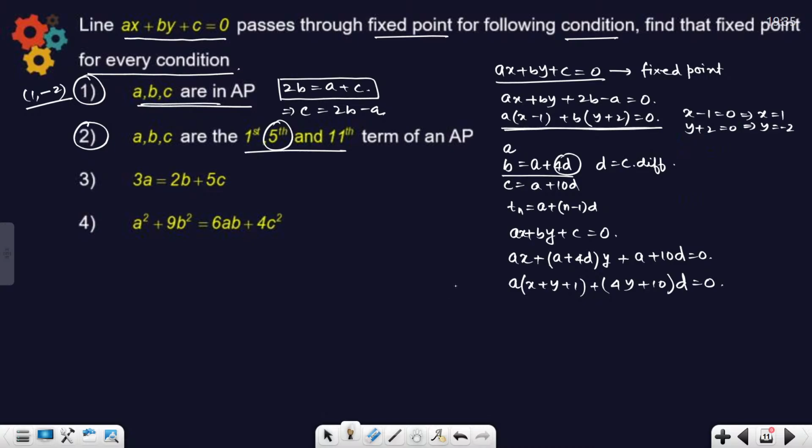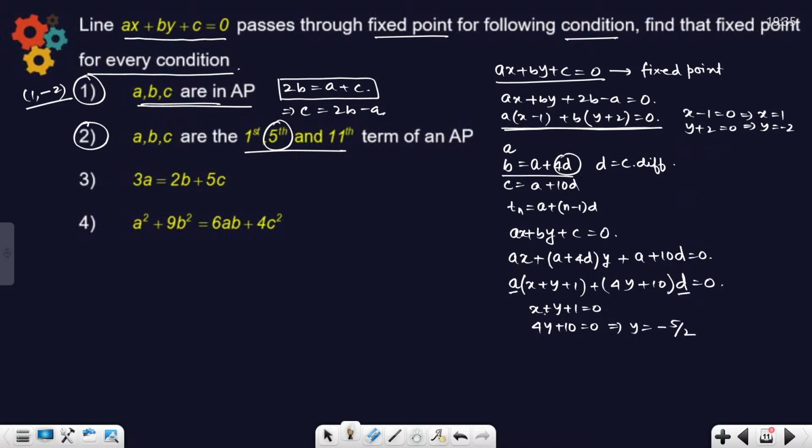Is it clear? Now we can easily see that it contains two parameters, A and D. So we will say this line is passing through a fixed point, which is nothing but the point of intersection of this line and this line. So from here we are getting y is minus 5 over 2.